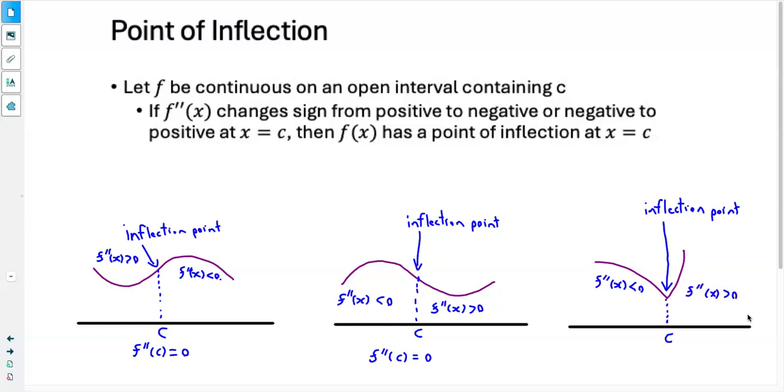So we can say greater than 0. But we can see that our graph is not smooth at this location, and f double prime of c is undefined at this point because that's not going to be differentiable.